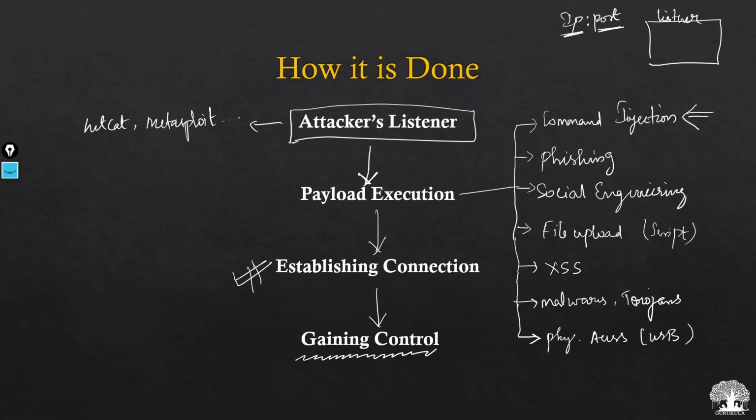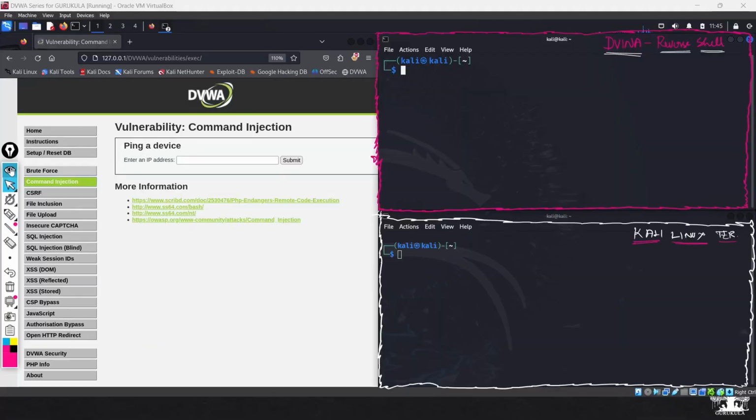Now we will see how this can be done in practical scenarios. Here is our web application on the left, where I have just landed on the command injection vulnerability page, and what you see on top is actually the attacker's listener. This particular window is going to act as our attacker's listener, where I'm going to set up a listener by using Netcat.